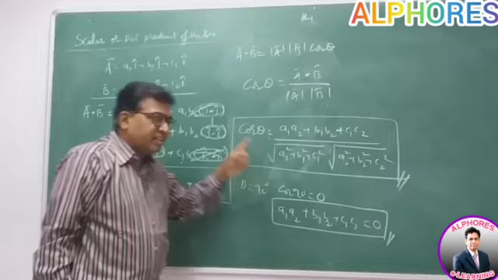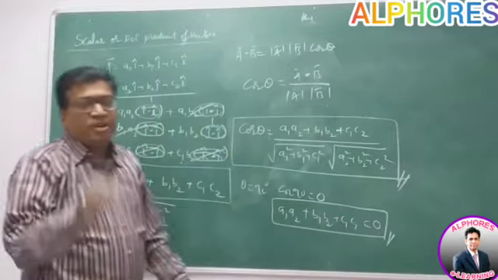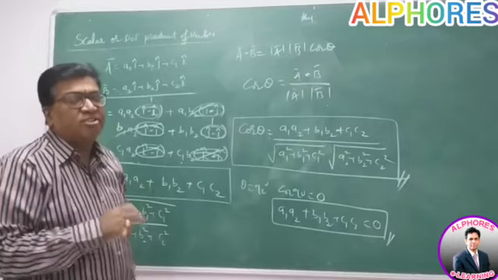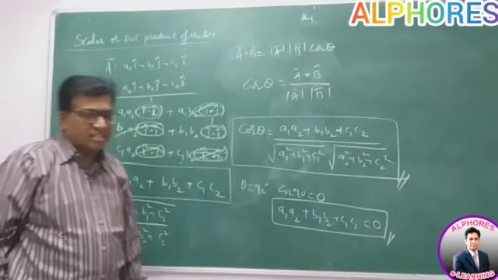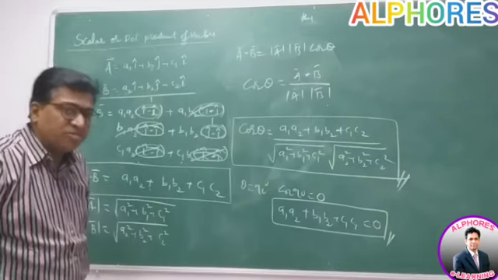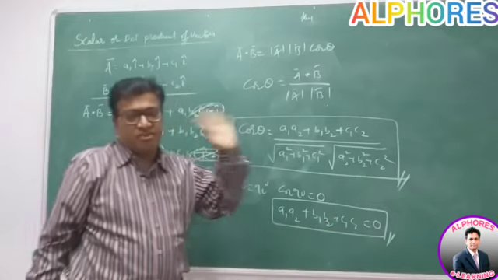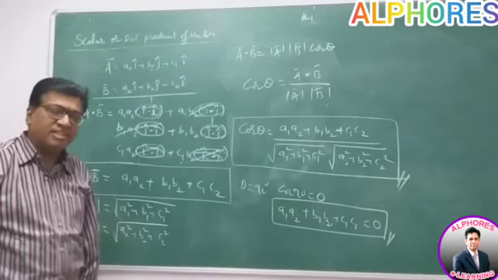So the condition for two vectors represented like this to be perpendicular is a1 a2 plus b1 b2 plus c1 c2 is equal to 0. That's how you can find this out.